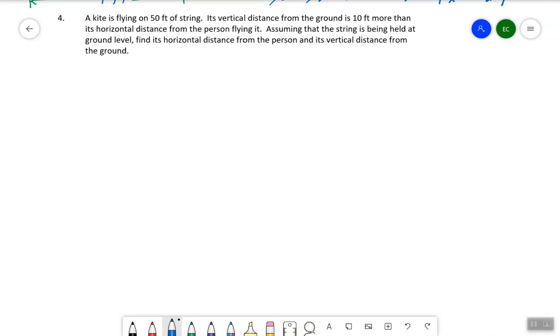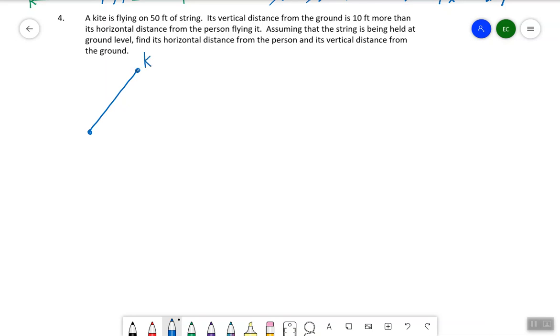Okay, so once again, drawing a picture would be very helpful, and so we'll start like that. A kite is flying on 50 feet of string. Maybe we can imagine the kite blowing in the wind a little bit.